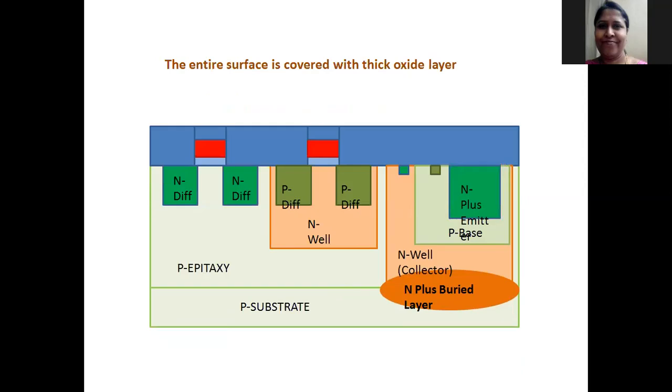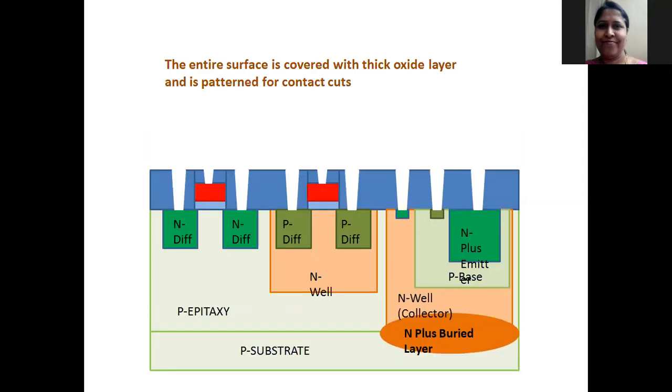Next, we carry out oxidation in order to further develop contact cuts. So entire portion is oxidized and the thick SiO2 layer is developed.